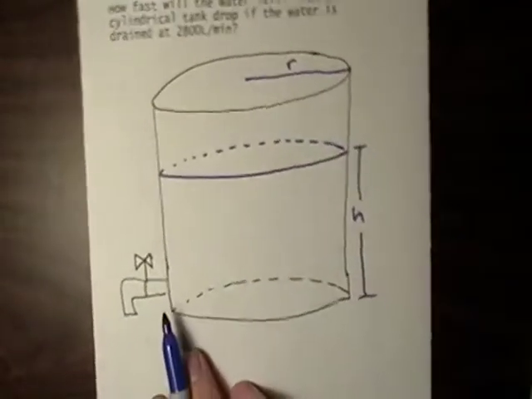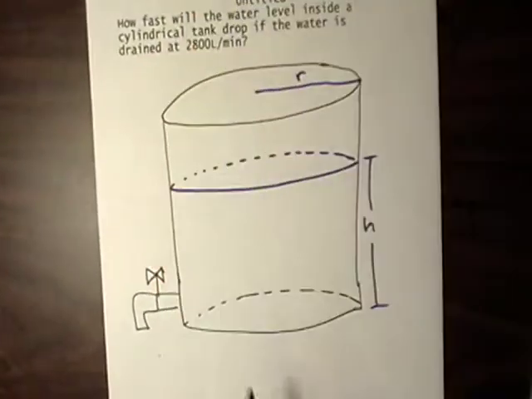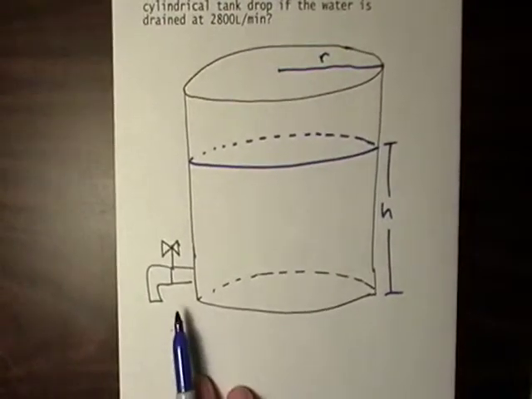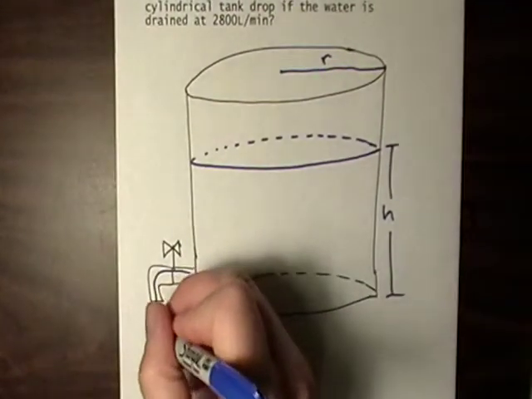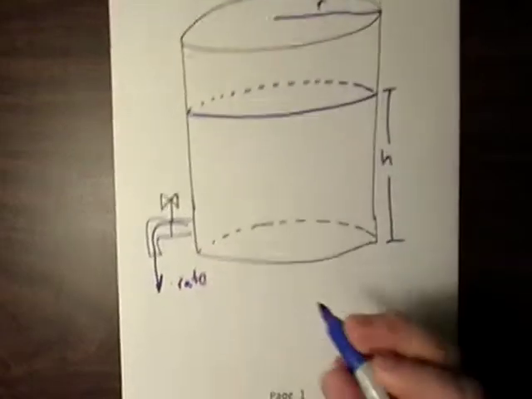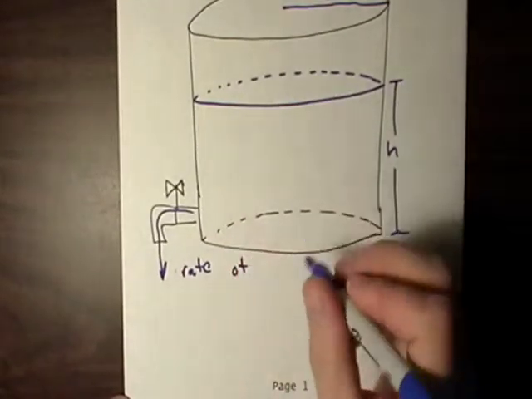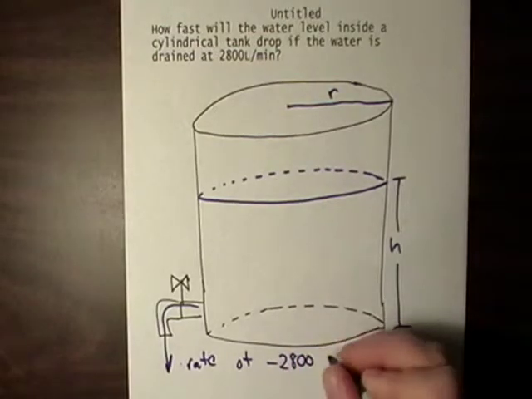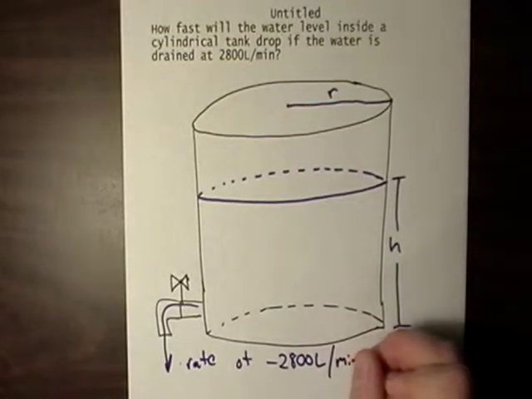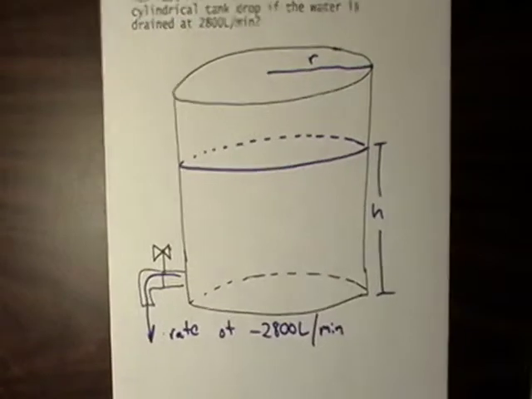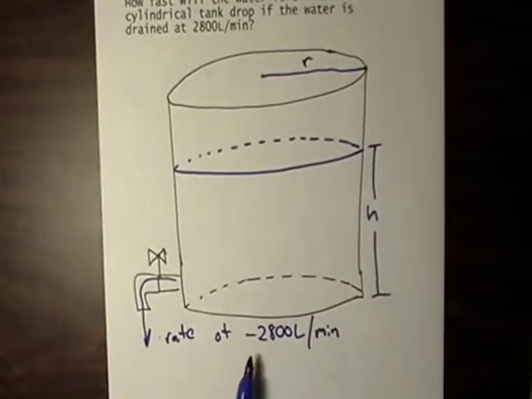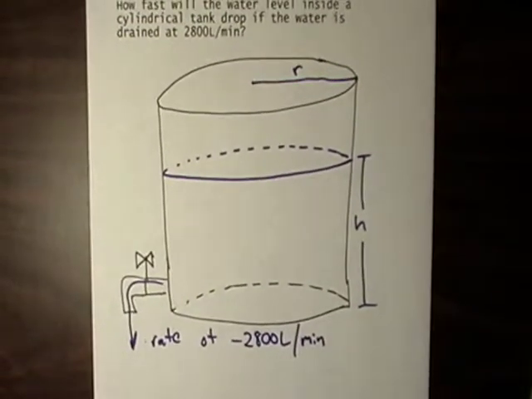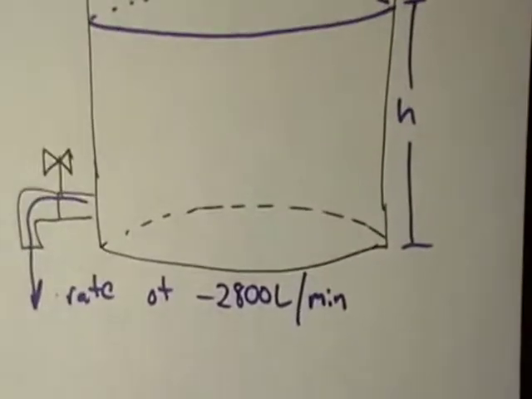We have a little valve here that's engineered to let water out at the rate of negative 2,800 liters per minute, and it's negative because water is leaving the tank.